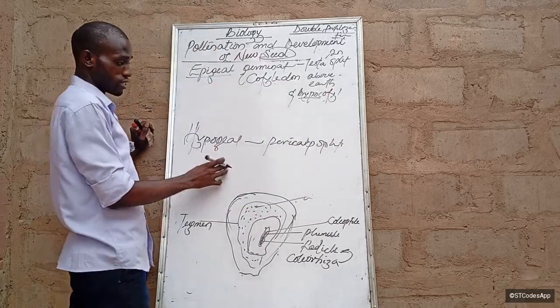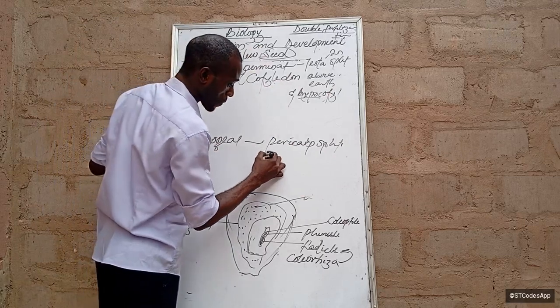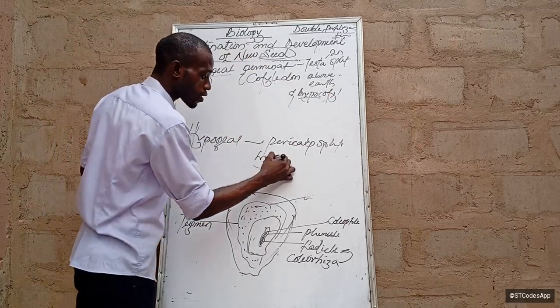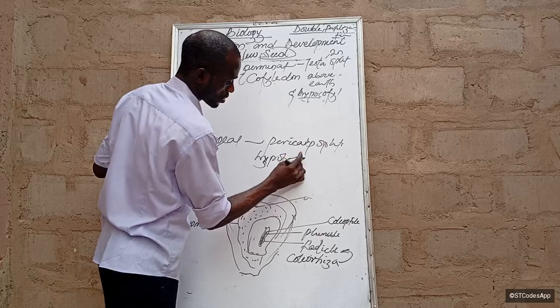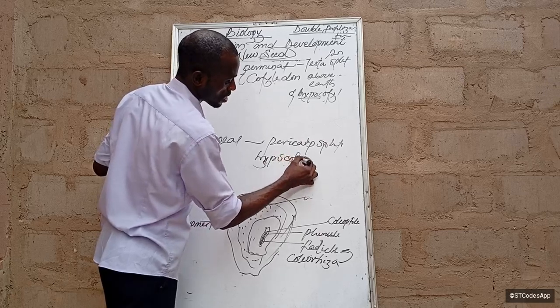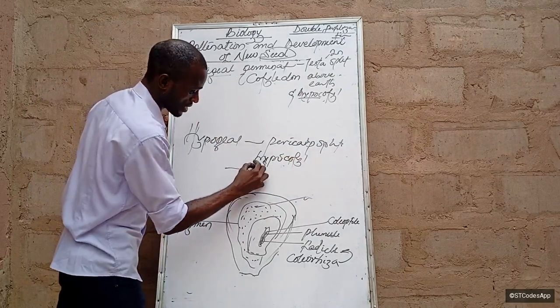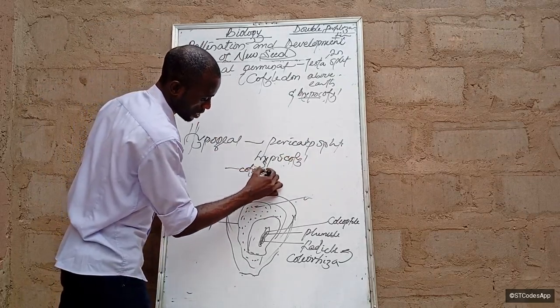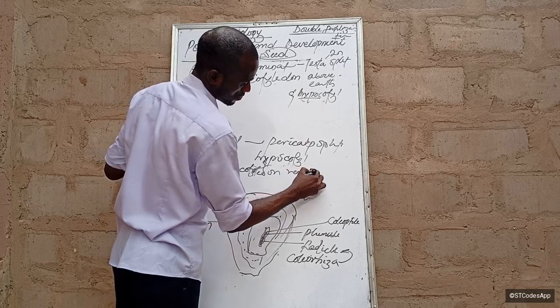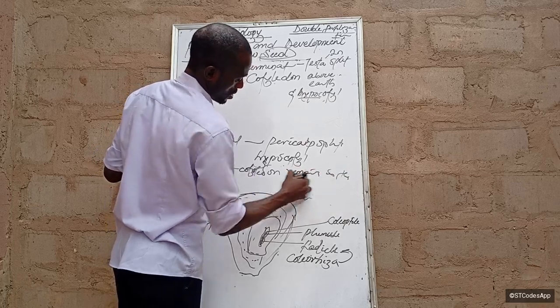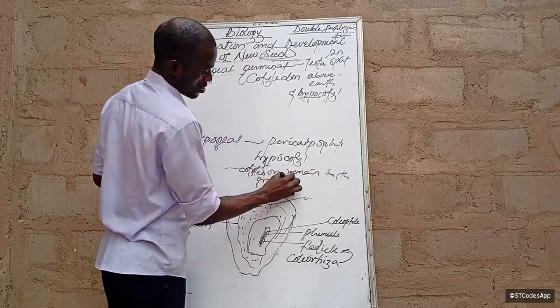But with hypogeal, the hypocotyl is above the cotyledon. Why? Because the cotyledon remains inside the ground. Do you understand? Right?